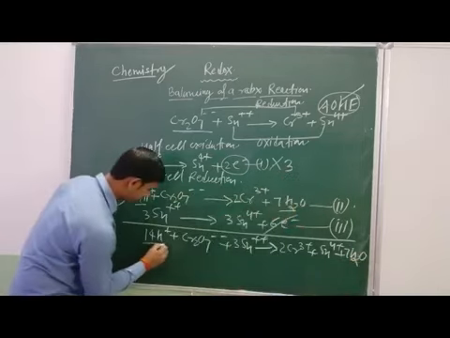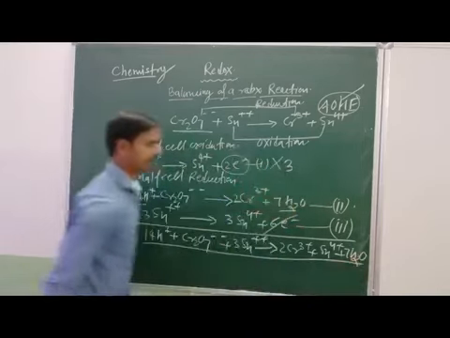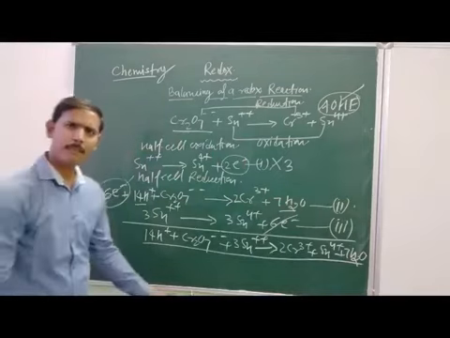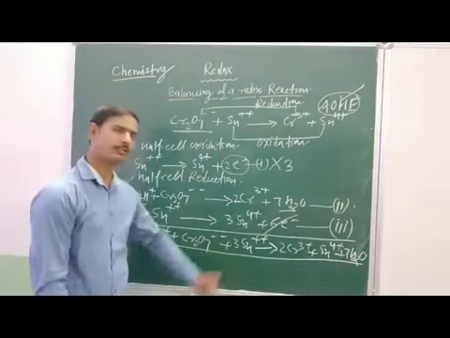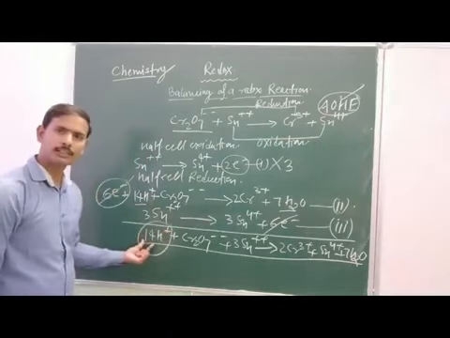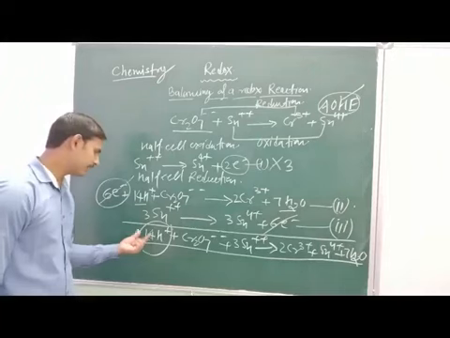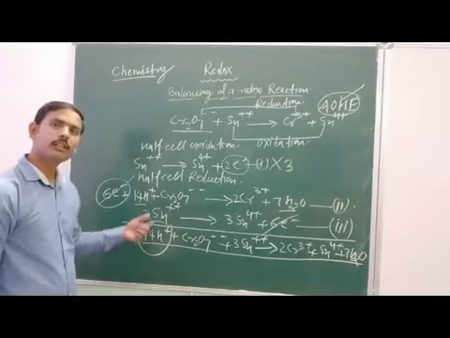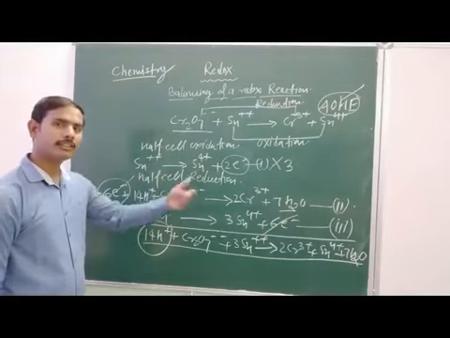Now, my dear, this is a balanced reaction. Very easy. How can we use the formula? Just see here, I told you the presence of H+ indicates that this reaction occurs in acidic medium.